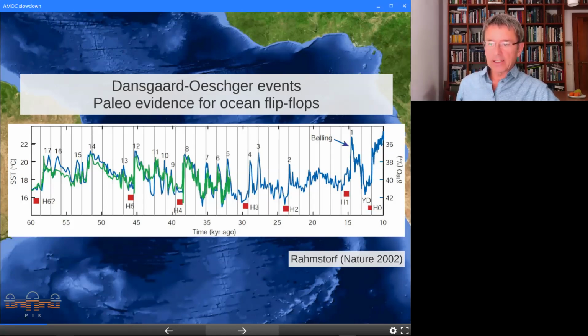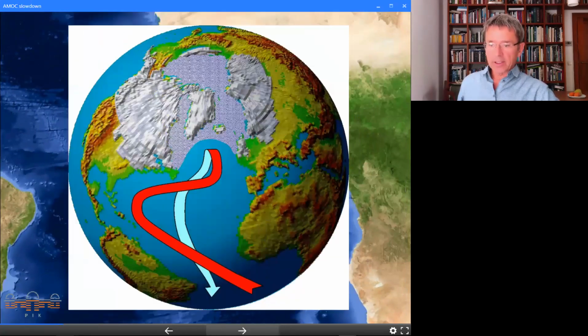If that increases, then the north gets warm and the south gets cold, and vice versa. That's what we can call a flip-flop. Here is a schematic that we developed for how this flip-flop works. We think that these Dansgaard-Oeschger events start from a cold ice age state that is shown here.